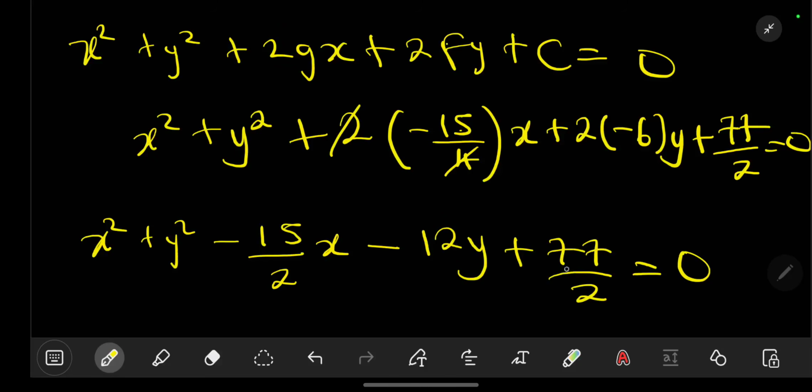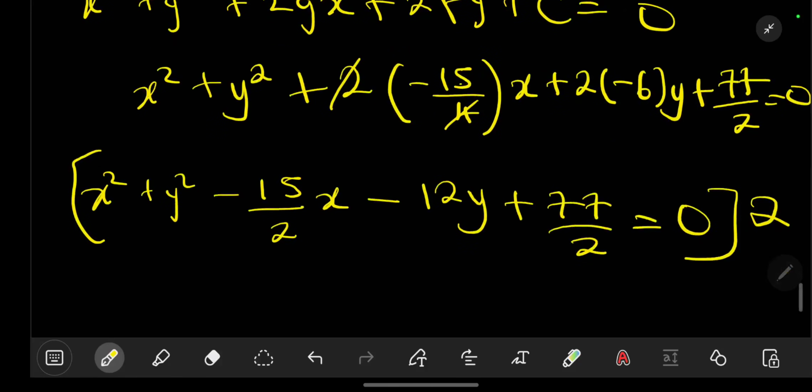So either we can do that, or we can multiply the 2 throughout so that the denominators disappear. So 2 times x squared gives 2x squared, plus 2 times y squared gives 2y squared, and this 2 is multiplying everything.